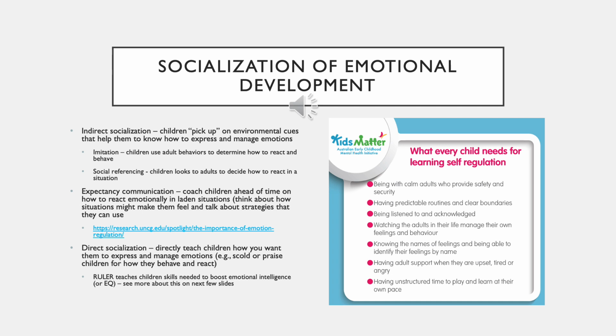You can also see the graphic to the right of this slide, just some nice, basic, simple tips to be able to follow. So being calm yourself, making sure that you're offering children predictable routines, clear boundaries, knowing lots of feeling words and using them and helping children to use them. So some good tips overall to help children with their emotional development and regulation.